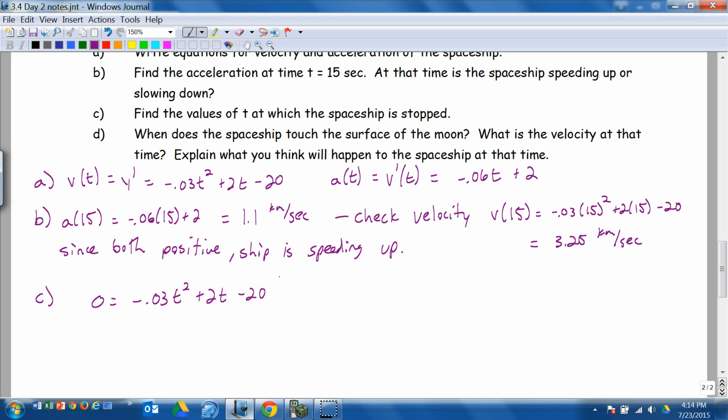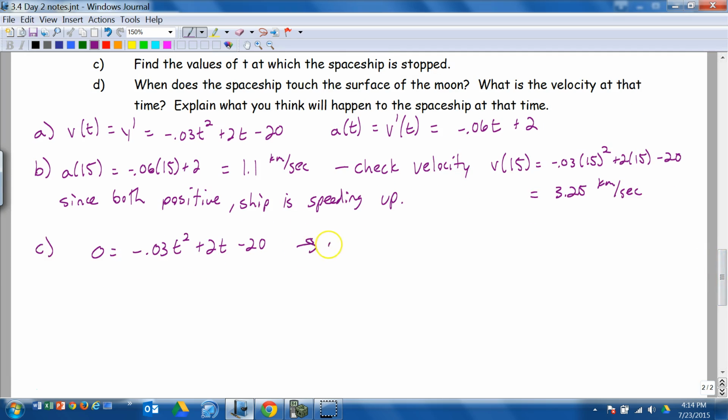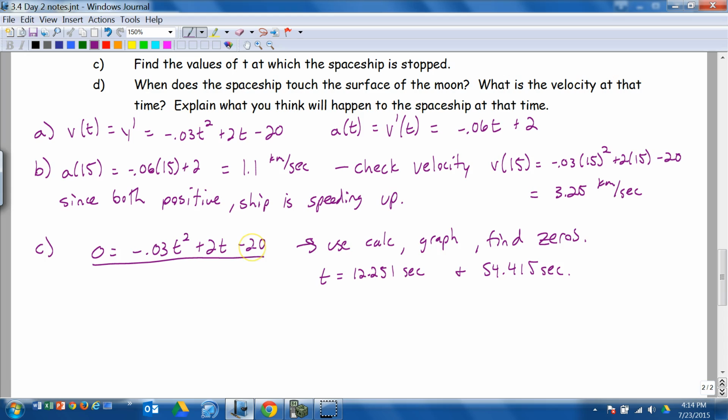Now at this stage of the game, because I don't want this video to be too long, just use your calculator, graph it, and find the intersects, or find the zeros. And you get that it happens at t equals 12.251 seconds and at 54.415 seconds. Okay, but the key here is setting the velocity equal to 0.